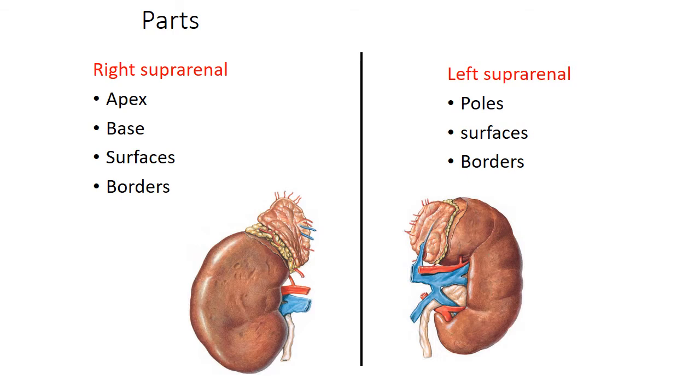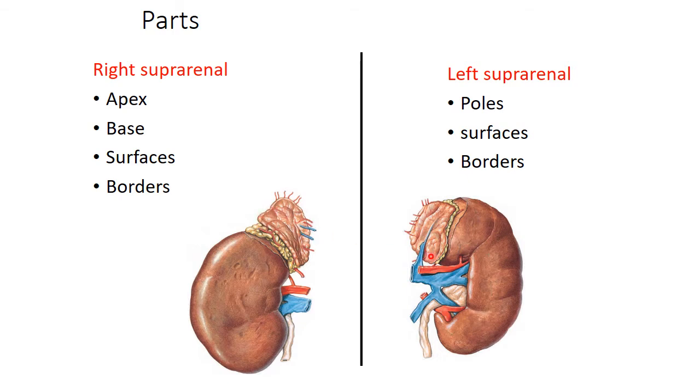Now coming to the parts of the gland. The right suprarenal gland is roughly pyramidal in shape. So it has an apex, a base, two surfaces, this is the anterior surface and the opposite one is the posterior surface, and two borders, the medial border which is convex and the lateral border.